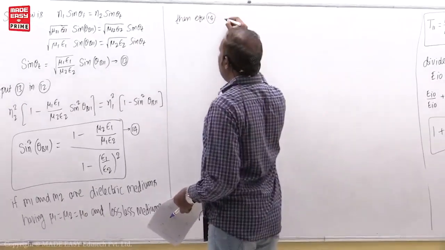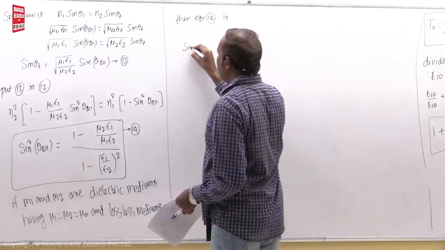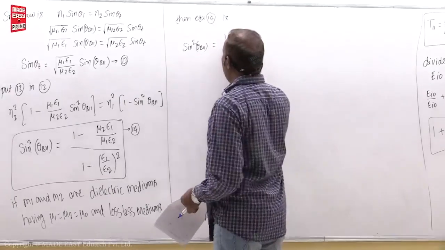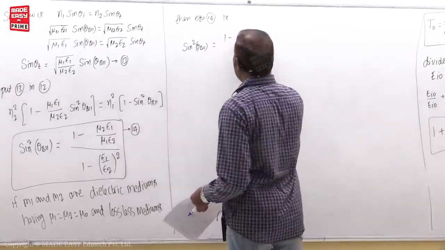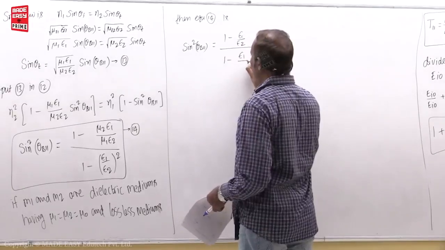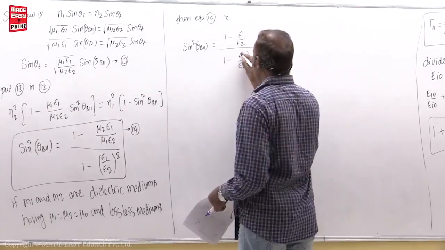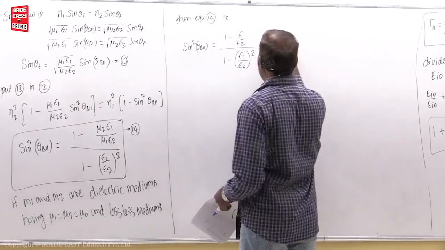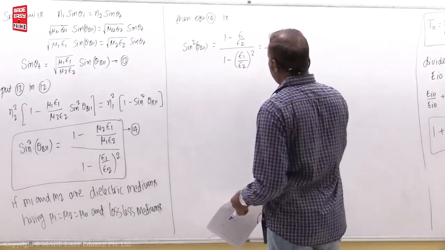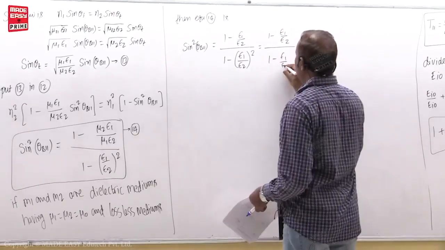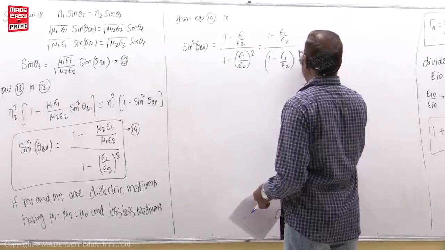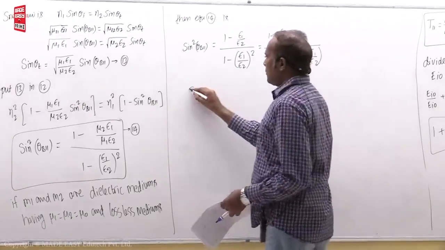Equation 14: sin square theta b parallel is equal to, I told you this cancels, so epsilon 1 epsilon 2 divided by 1 minus epsilon 1 by epsilon 2 whole square, that is equal to this one, you get this is a square minus b square, 1 plus epsilon 1 by epsilon 2.